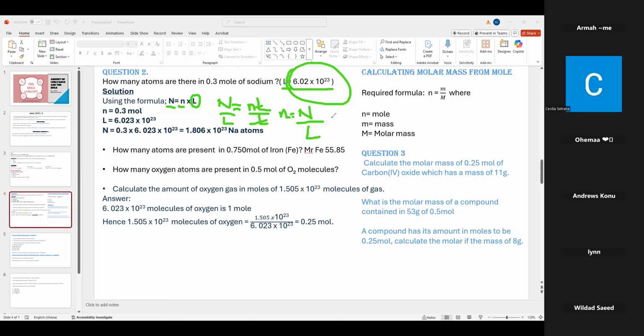So in order not to use the wrong constant, upon solving a lot of questions and repetitions on your own, you get used to it. The moment you see it's an Avogadro's question, you know that the constant L is equal to 6.02 times 10 to the power 23. But in any case, the constant will be given to you.